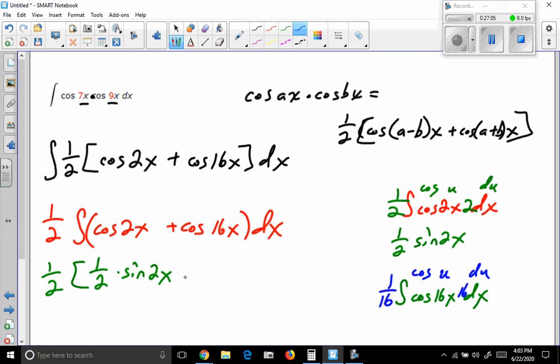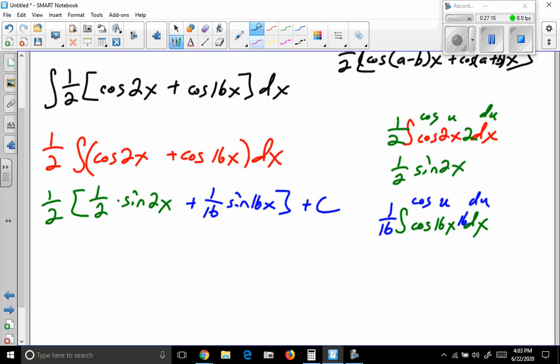And again, we're integrating cosine, so we get sine. We can multiply this and then factor back out, or we can notice that has a 2, that has a 2, so we could factor out another 2 on the bottom to go with the 2 we already have. That'll give us the sine 2x and the sine 16x.